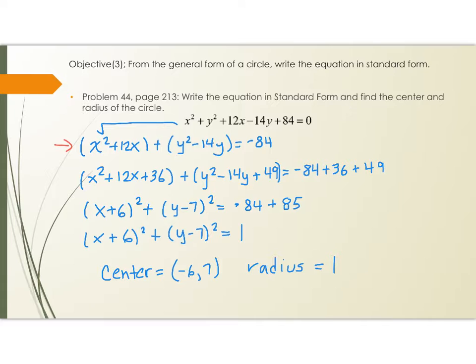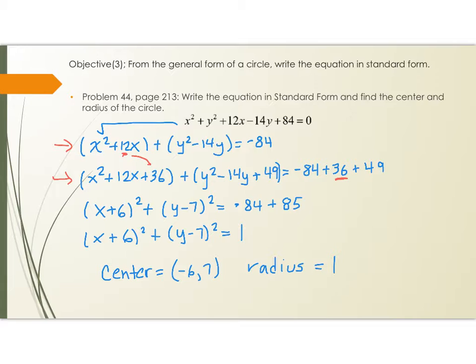Now, if you will remember, we need to complete the square. This is where we take half of the middle term and we square it to get 36, and we add 36 to both sides of the equation. So there we have parentheses x squared plus 12x plus 36.